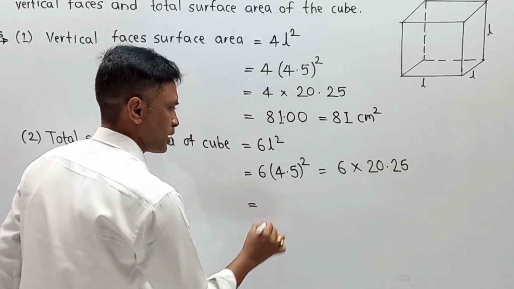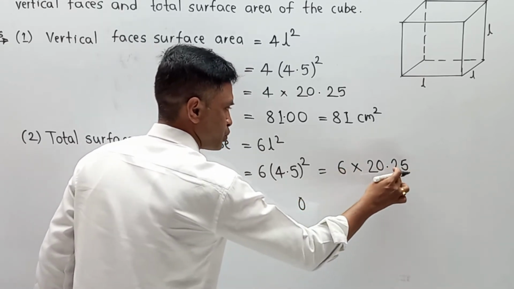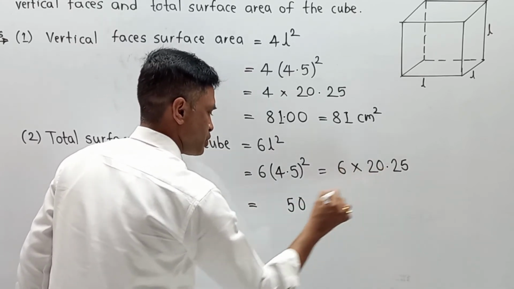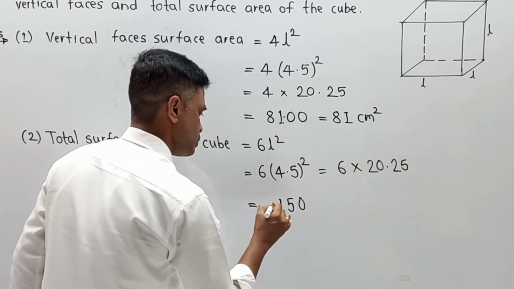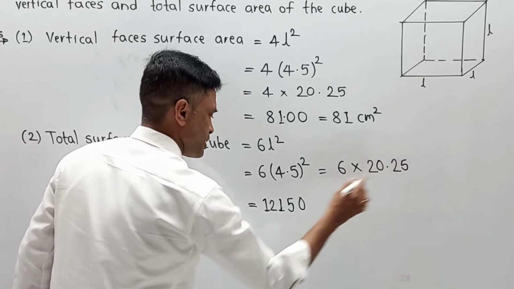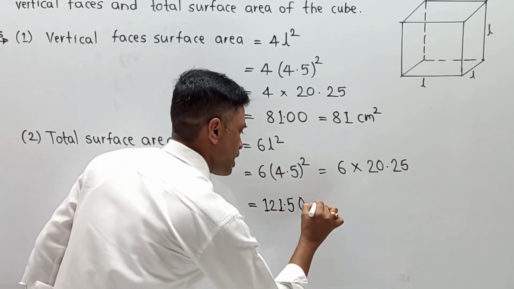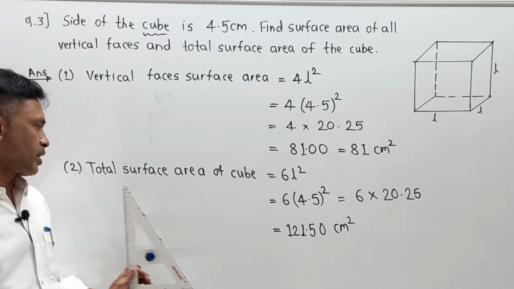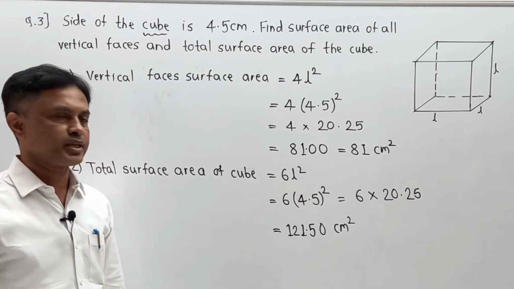Now simplification for that. 6 into 5 is 30, carry 3, 6 into 2 is 12, plus 3 is 15, carry 1, 6 into 0 is 0, so carry 1 as usual, and 6 into 2 is 12, and again 2 decimals, so 121.50, and that is square centimeter. And in this way we have calculated total surface area of a cube is 121.50 square centimeter.